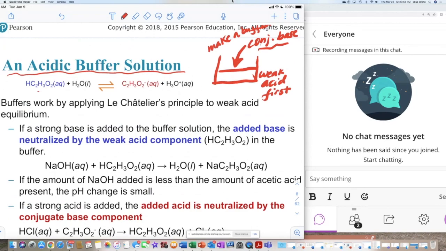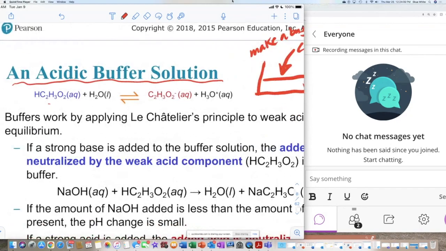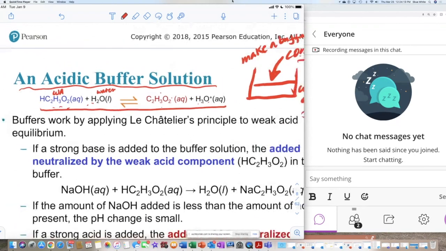The reason I'm saying that you're starting with a weak acid first is because look at the equilibrium we have here. We have an equilibrium of a weak acid. How do I know that? This is a weak acid, this is water, and these are reacted to form the products, acetate ion and H3O plus. H3O plus shows you this is a weak acid equilibrium like I showed earlier, okay?